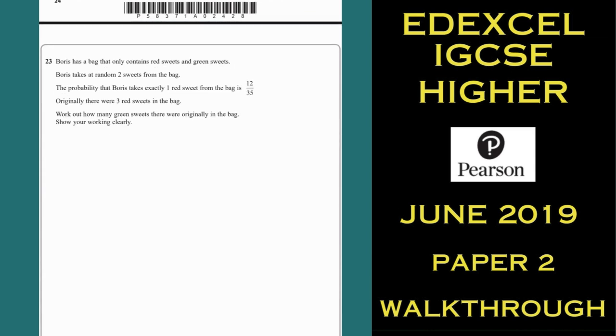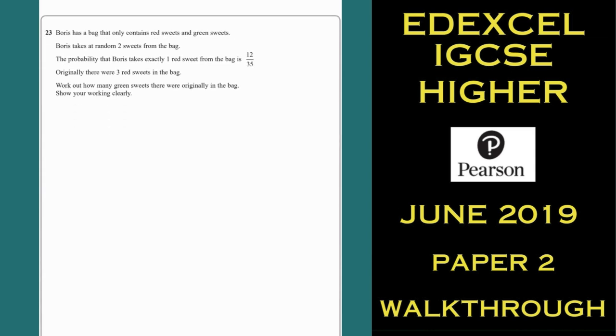Number 23, these have been quite popular, I think, on the last 4 sets of papers I've done. These unknown probabilities have cropped up on them all, where they give you the final answer and you've got to work it back. So, Boris has a bag that only contains red and green. Boris takes 2 sweets at random. So there's going to be a multiply, because it's going to be sweet, then sweet.